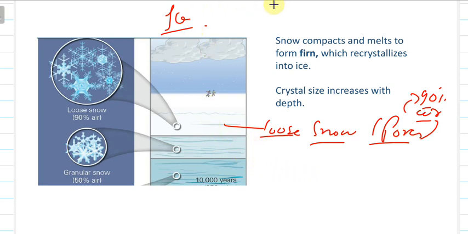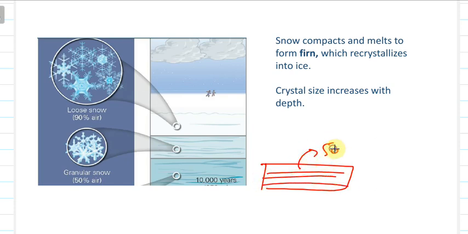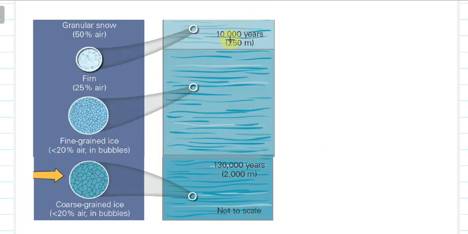But over the course of time, this fresh snow will be compacted, where the pore spaces will only have 50% air. Okay, 50% air. Then over 10,000 years, this granular snow will be turned into firn.